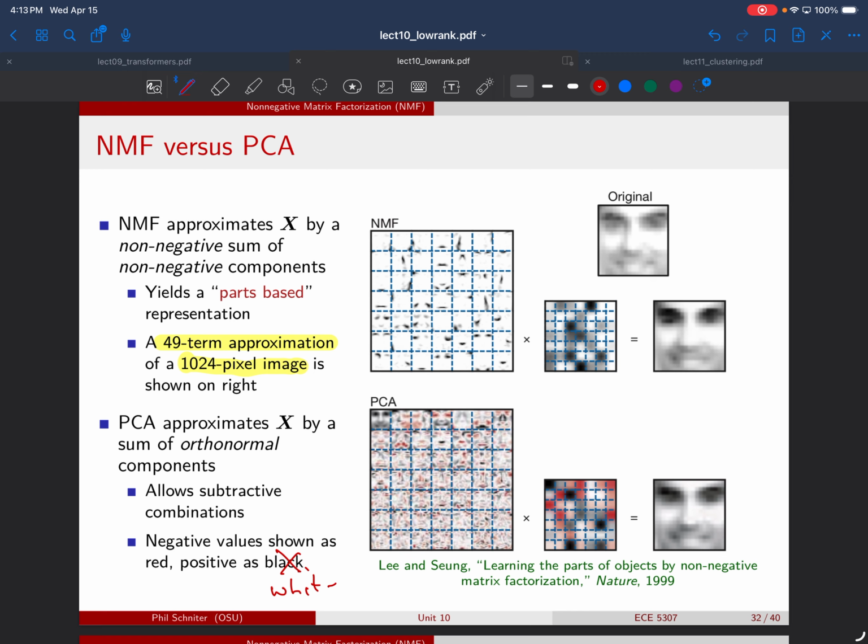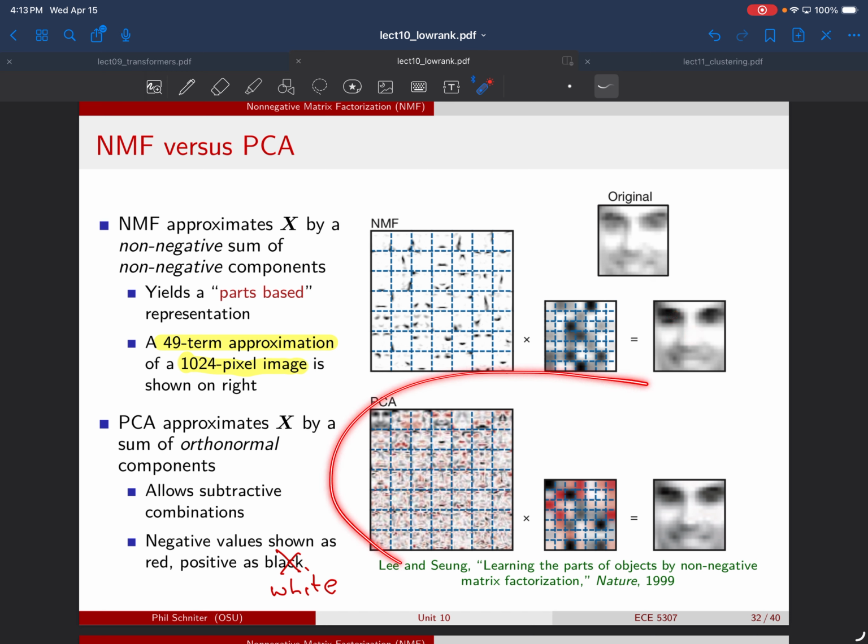Usually when you represent grayscale images, black is 0 and white is, let's say, 1. But in this experiment, white was 0 and black was 1.